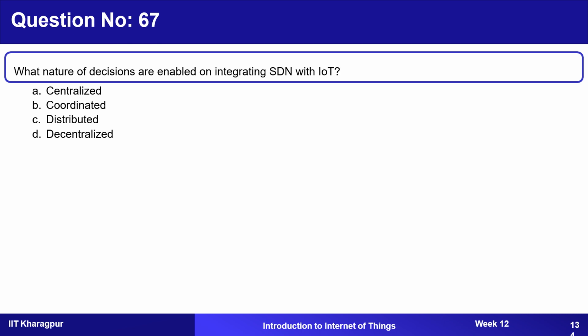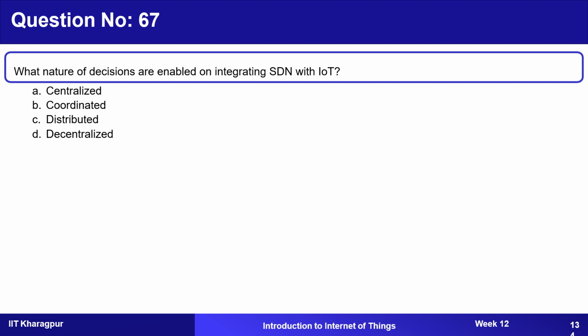Next question: what nature of decisions are enabled on integrating SDN with IoT? Options are centralized, coordinated, distributed, decentralized. Centralized, ma'am. Anyone else? What nature of decisions are enabled on SDN? I was just reading the question.